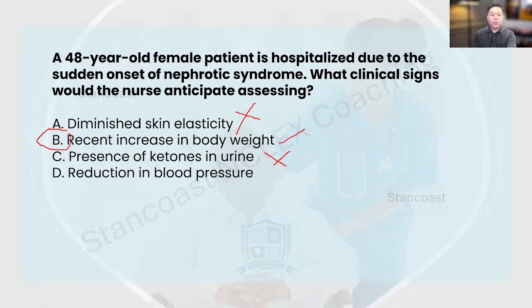Now, again, you are going to employ the use of the process of elimination. You have to rule out those incorrect options, like the skin turgor, elevated ketones, based on the pathophysiology, okay? So, like I've said, always do it by the elimination process.